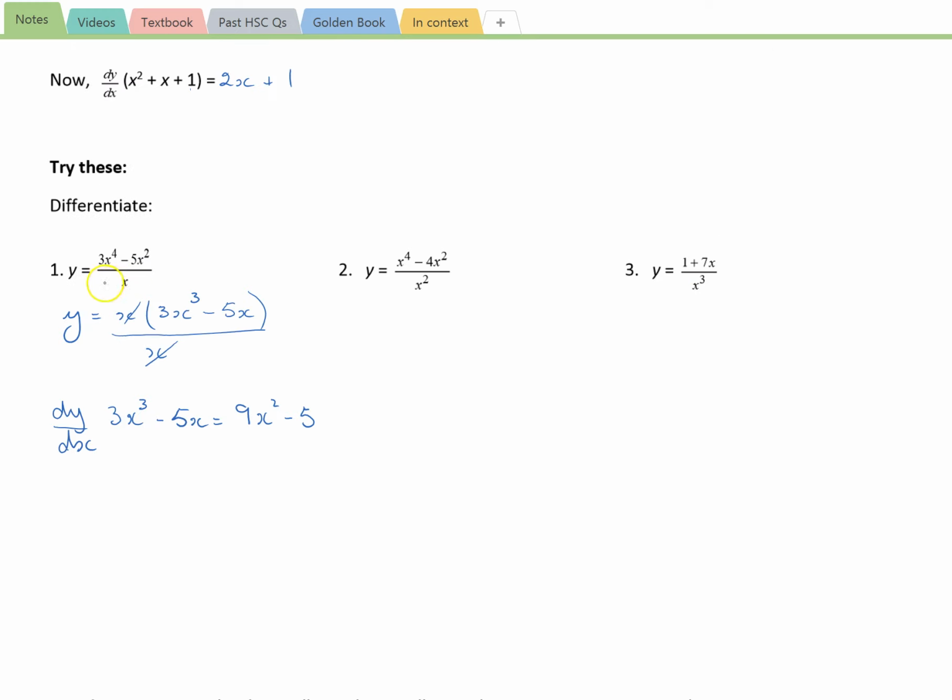I've written up the solution to this next one. It's very similar to the one I've just done. Let's stop and have a look at it though and break down this solution. So it says differentiate. Hopefully when you look at that, you see a fraction. You see more than a fraction. You see x in the numerator and x in the denominator. Now, why do I say you see more than a fraction?